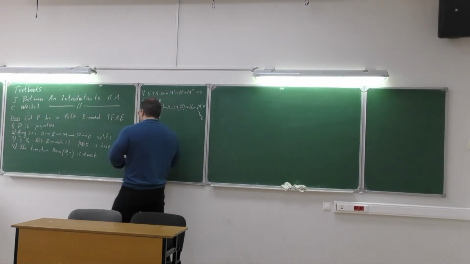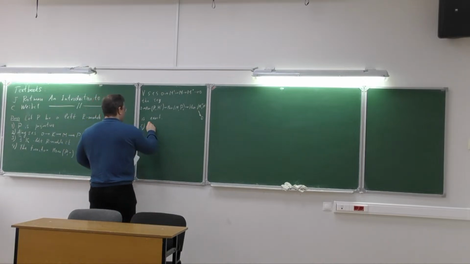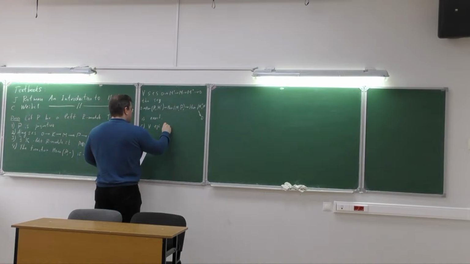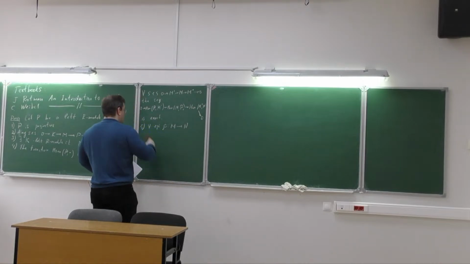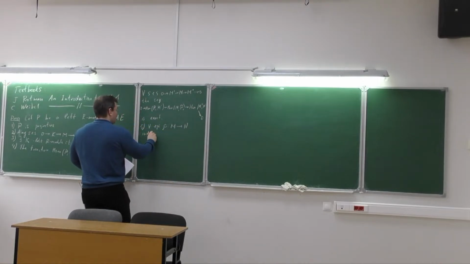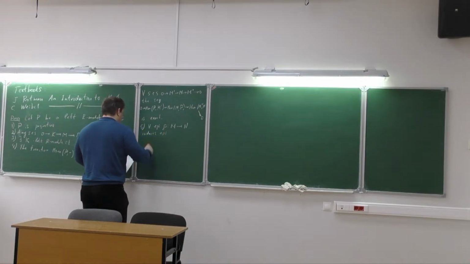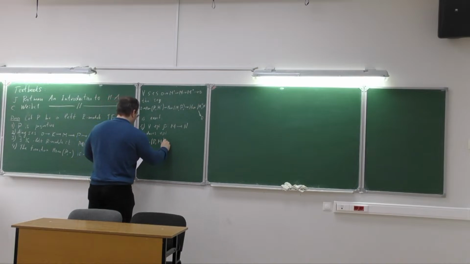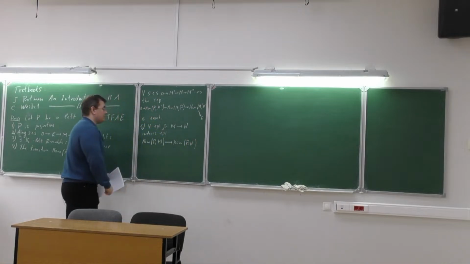And finally, condition number 5 is that any surjective map, or let me say any epi, let me call this beta, from M to N, induces an epimorphism on Homs: Hom(P, M) to Hom(P, N).